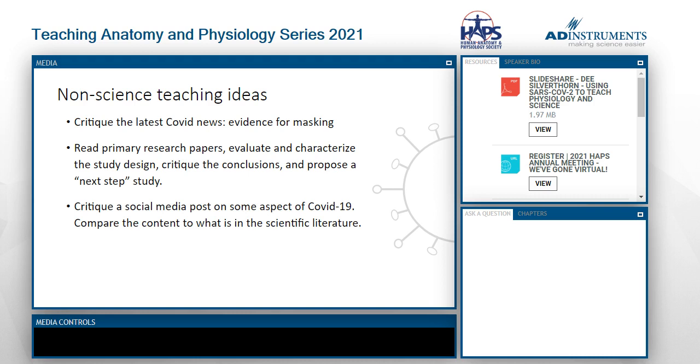For instance, there was a social media post that said, oh, the vaccines are causing an increase in Bell's palsy. Is that true? Is that accurate? And then having students create educational material for their peers or their families to explain why you can't get COVID from a vaccine.